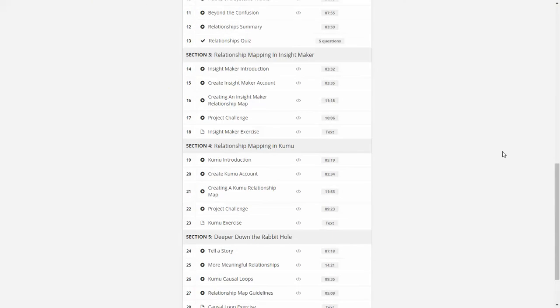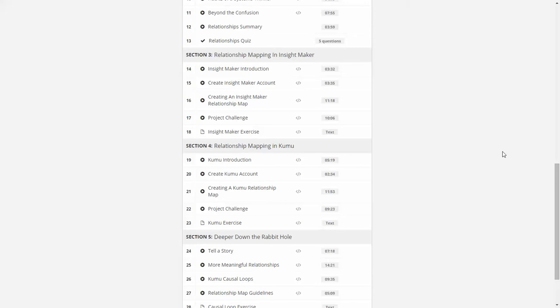From there, we provided a set of content that helped you develop an understanding and a set of skills at developing relationship maps in both Insight Maker and Kumu. And hopefully you did the exercises and created some relationship maps and submitted them and got some feedback to help you become better at creating them.